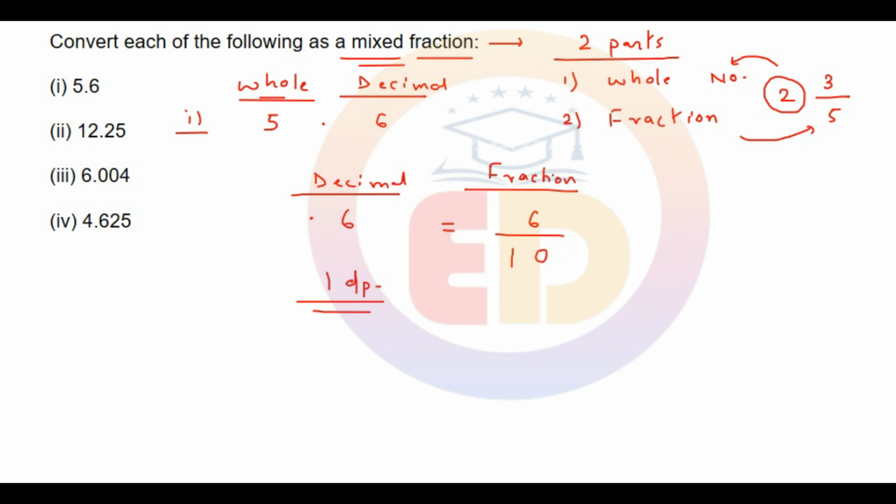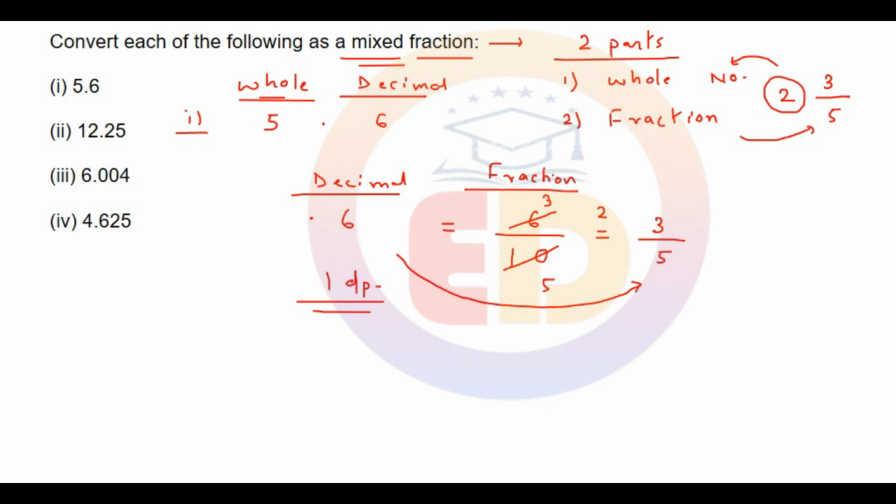So it will become 6 upon 10. 6 upon 10, they both are divisible by 2. Let's divide them by 2. 2 3s are 6 in the numerator, 2 5s are 10 in the denominator. So 6 by 10 becomes 3 upon 5. So the decimal part 0.6 becomes 3 upon 5.